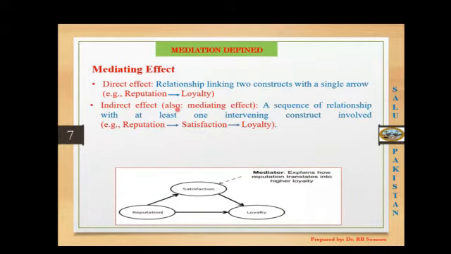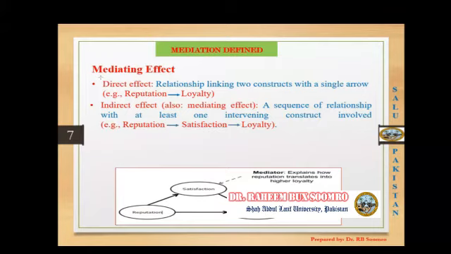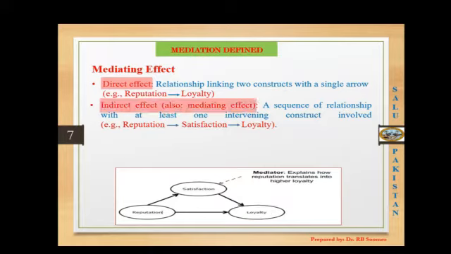Now the mediating effect. In the mediating effect, we divide the effect into the direct and indirect effect. The direct effect is simply the effect of reputation on loyalty, or simply the effect of the independent variable on the dependent variable. Reputation is our independent variable, loyalty is our dependent variable.